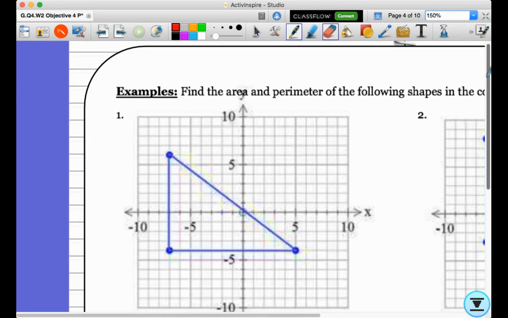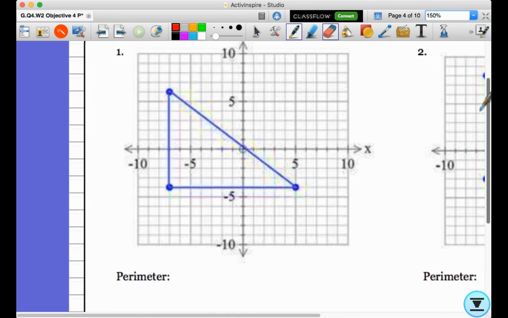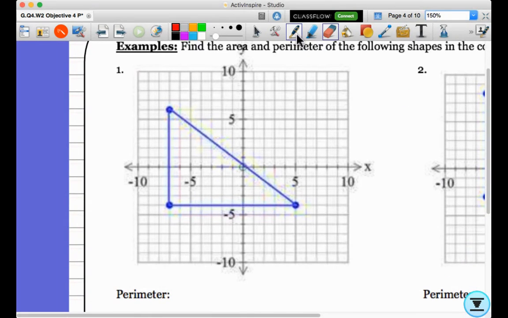We're going to find the area and the perimeter of these shapes. I'm going to write the coordinate points on here. This right here is (-7, 5). This here is (5, -4). This is (-7, -4).